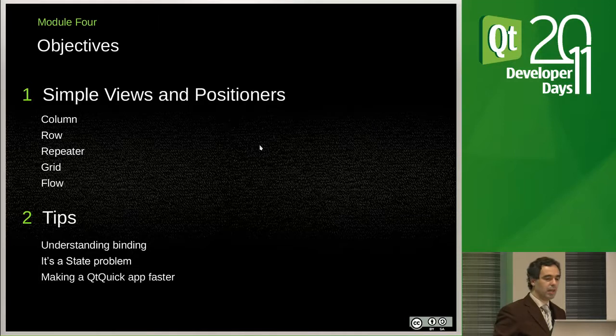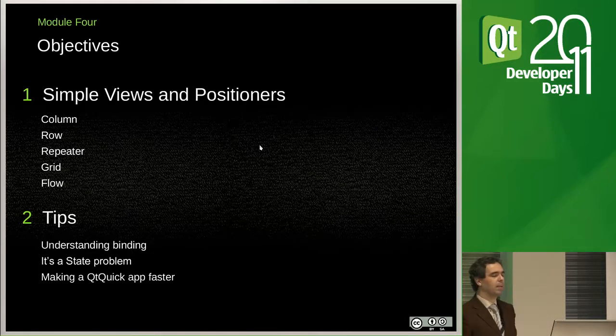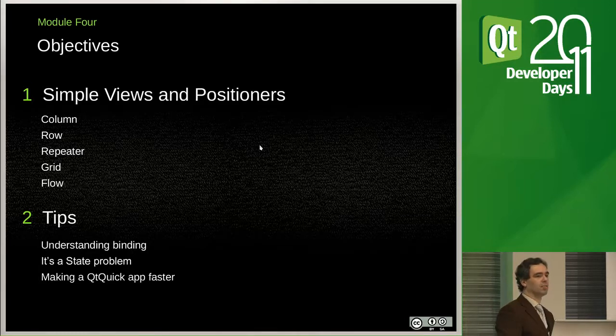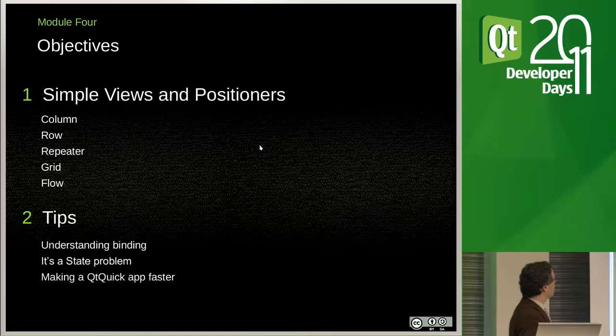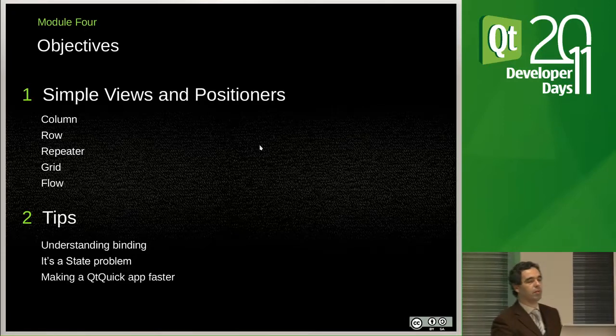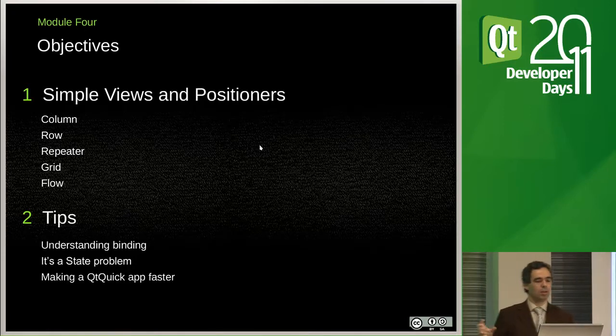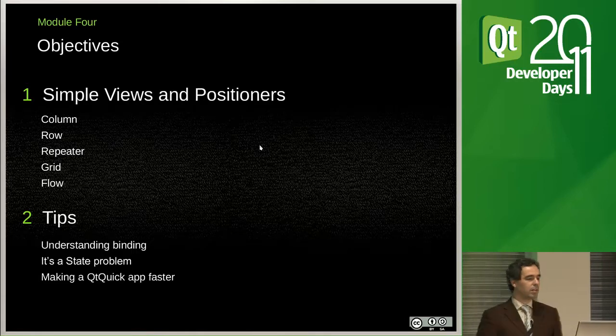So we saw now, this is going back a little bit, it's about positioning things on screen. We saw this right now with list views and grid views, and it loads data externally.